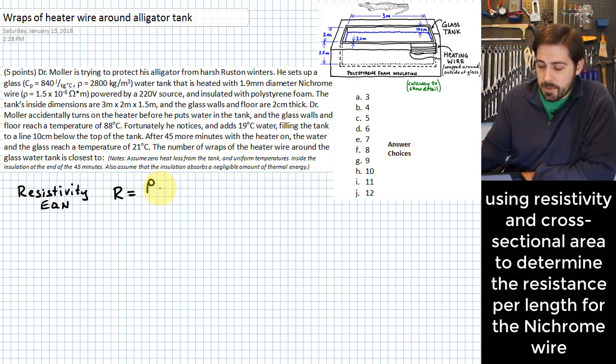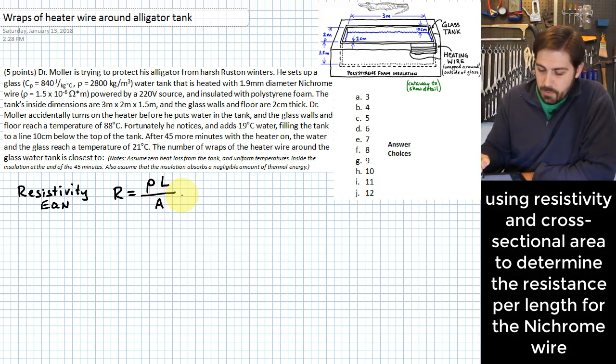Sometimes we use it for density, but in this case we mean resistivity, times L over the cross-sectional area. So the idea with this is that you know the resistivity of the material, the length of the conductor, and the cross-sectional area of the conductor. You can calculate the resistance that comes out of that.